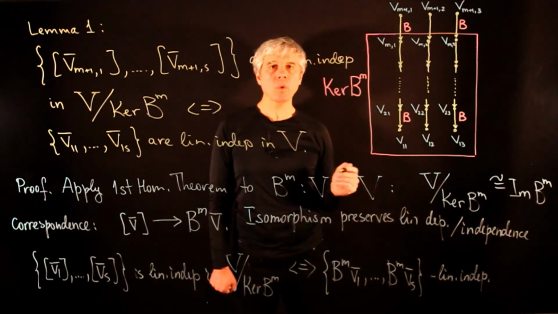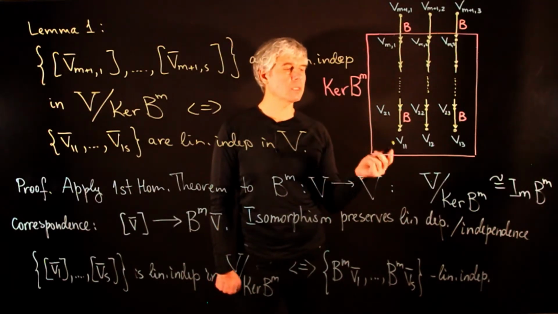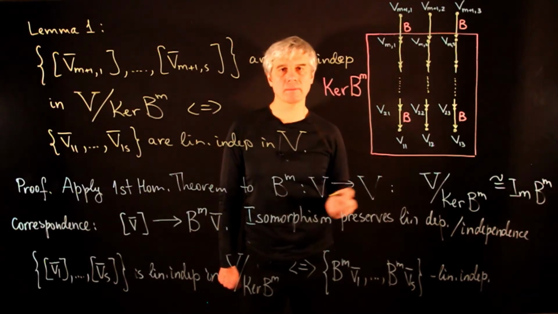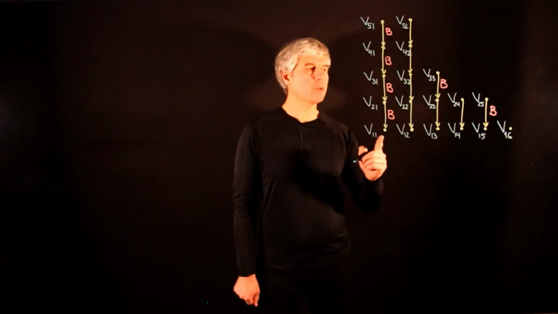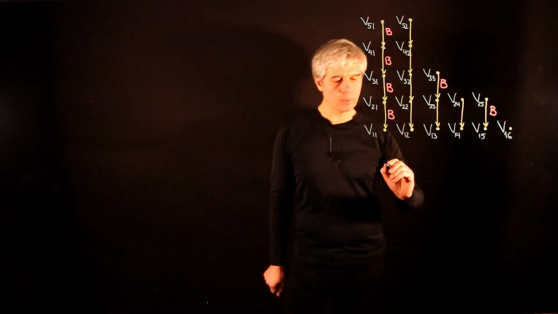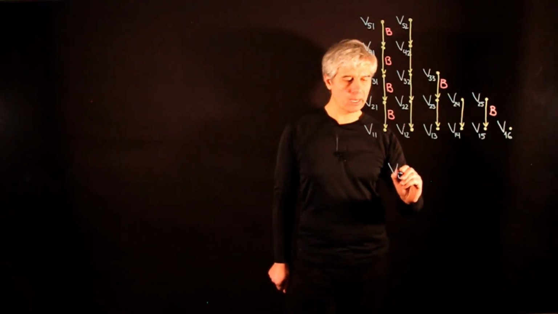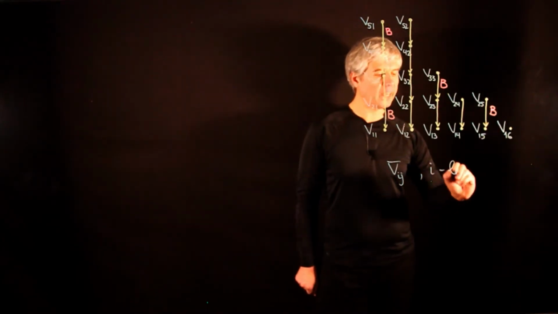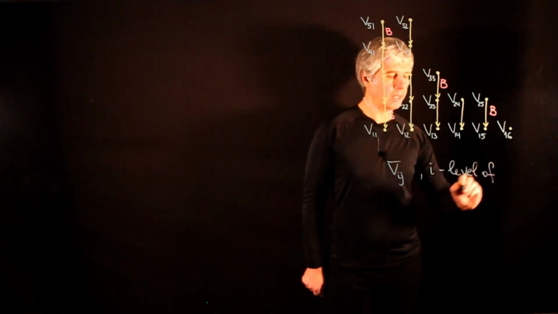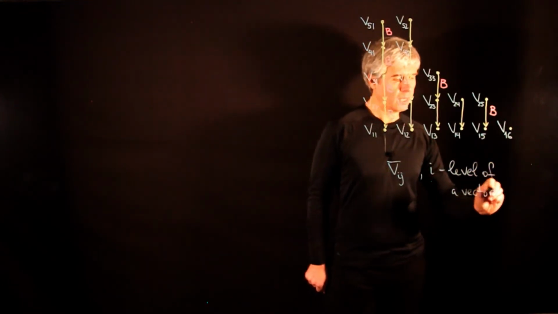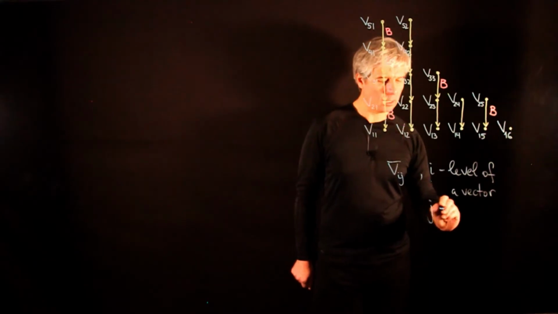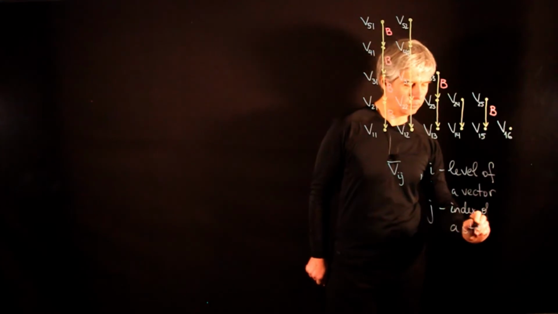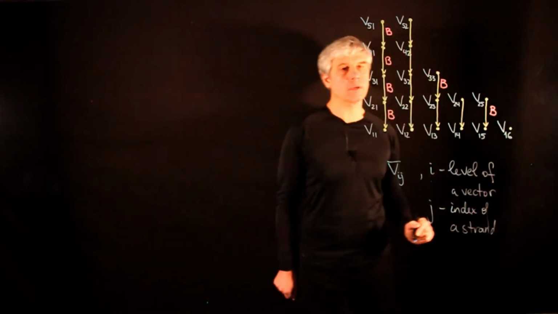Our next lemma will also be about linear independence of vectors in these strands, but now we will allow strands of various lengths. Consider a family of strands, like on this diagram. Here we recall that in the notation Vij, the first index i is the level of a vector, and the second index j is the index of a strand, so that we can distinguish different strands.